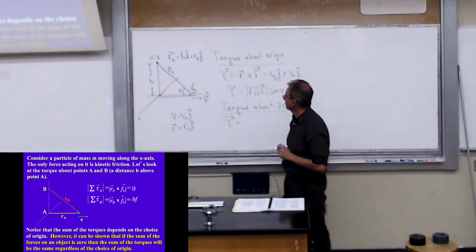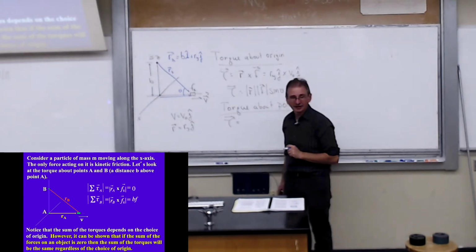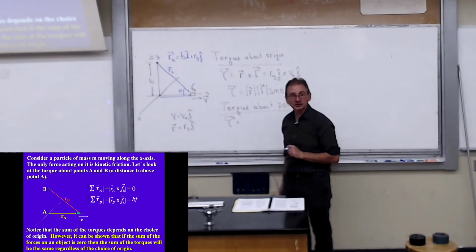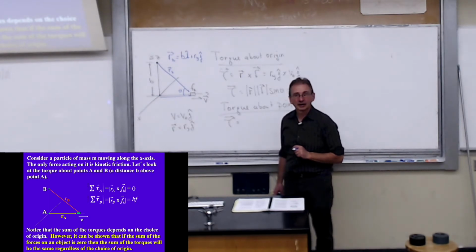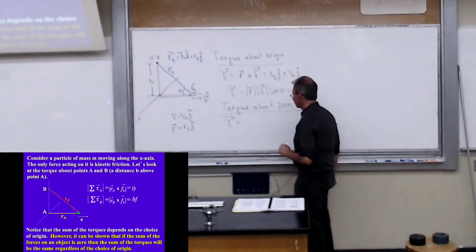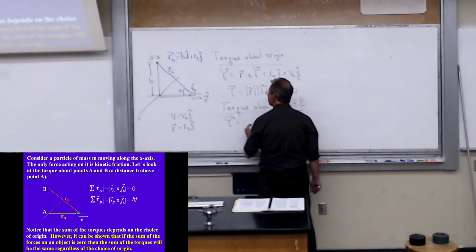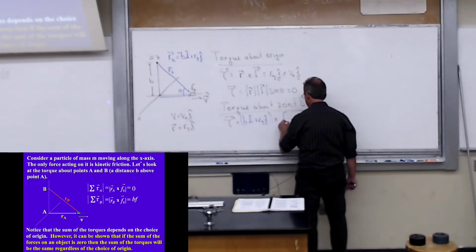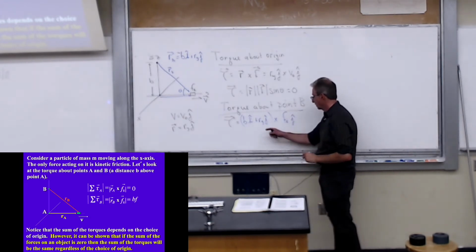Oh, I made a mistake somewhere. Where's my mistake? It's from the z to the y. But what's wrong with the z component that I drew? It should be negative. So the torque then is going to be b times k hat plus r sub y times j hat crossed negative b.